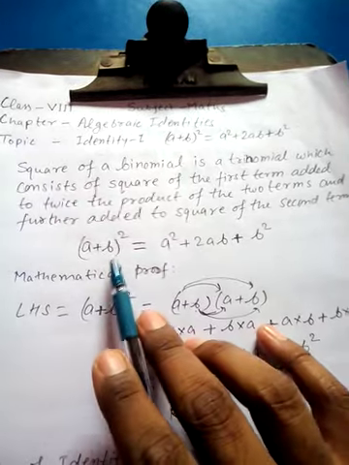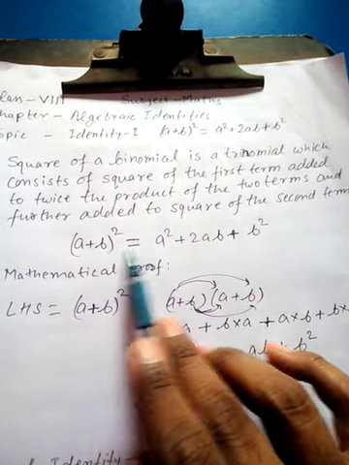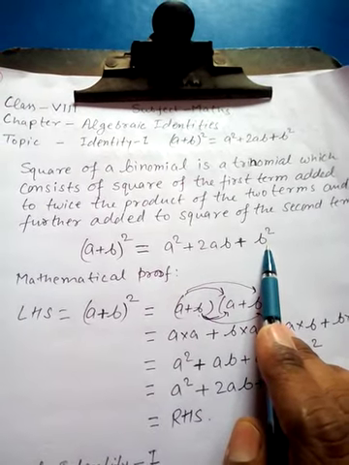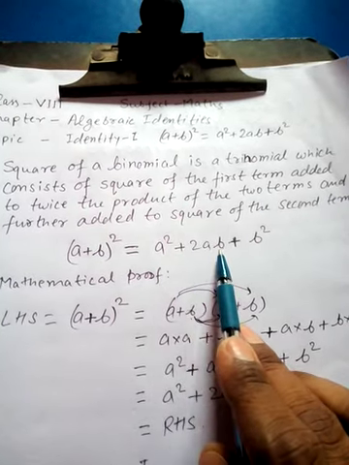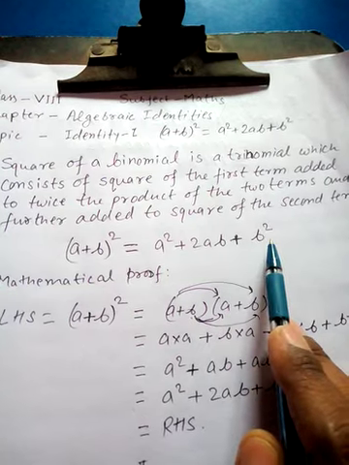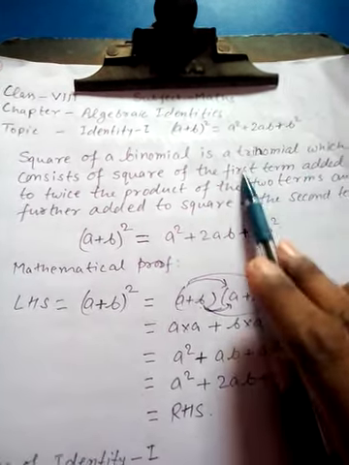That is, the square of a binomial is a trinomial having three terms, in which the square of the first term and twice the product of the two terms are further added to the square of the second term. This is written here.